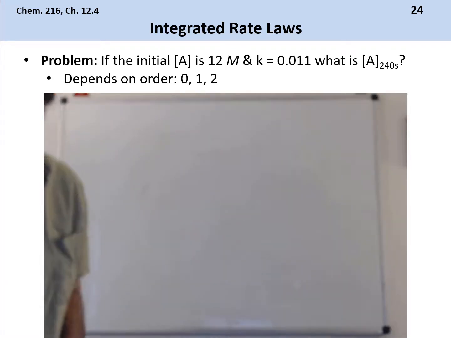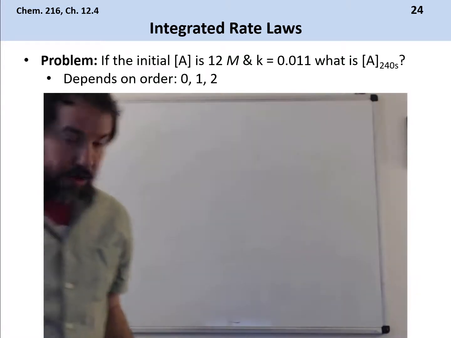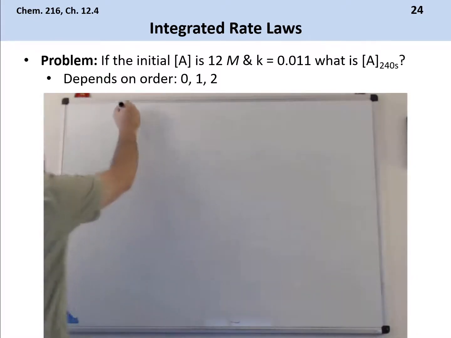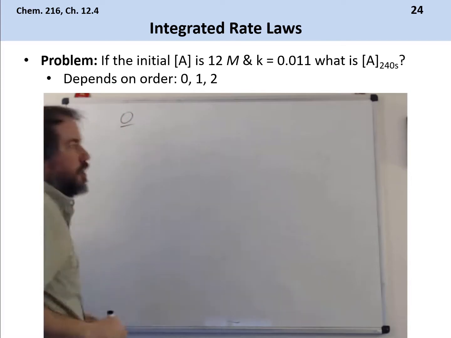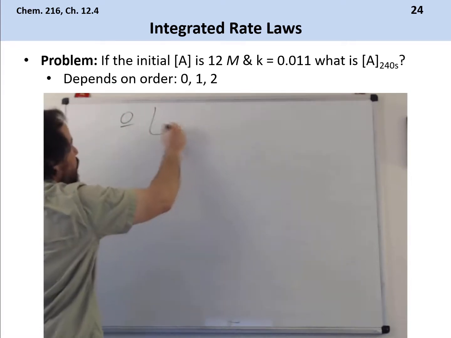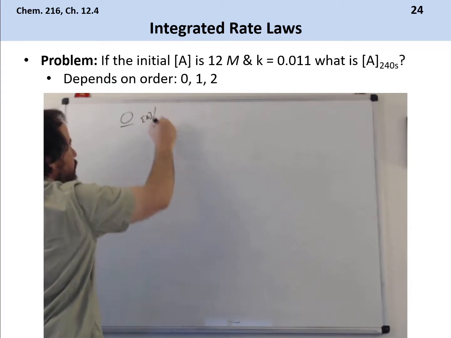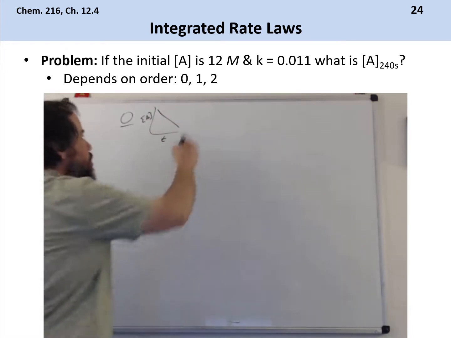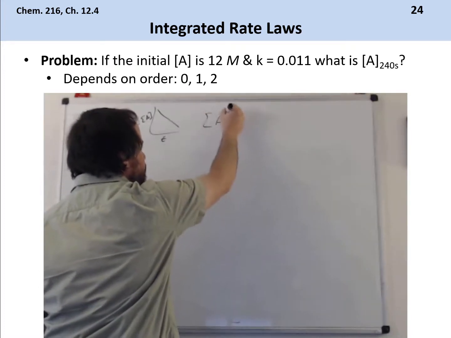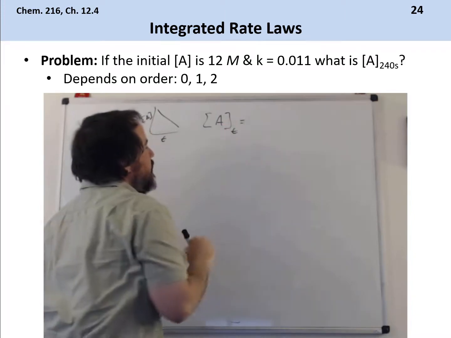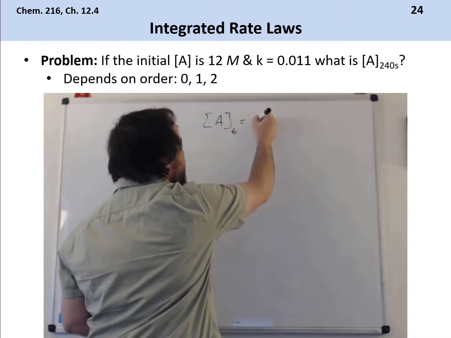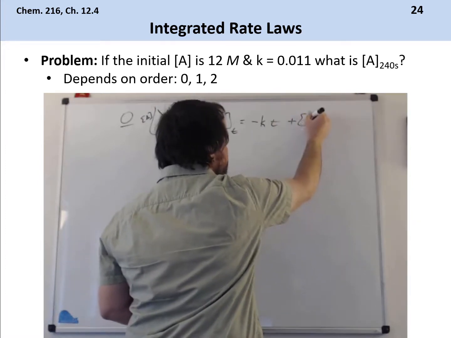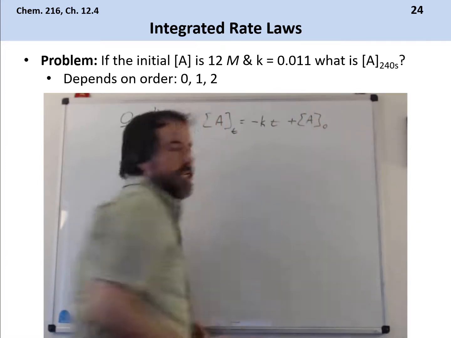Okay? All right, so let's start off with zero order. In zero order, concentration decreases with time. Okay? And so we're told that A at any given time is equal to negative K times t plus the concentration initially.